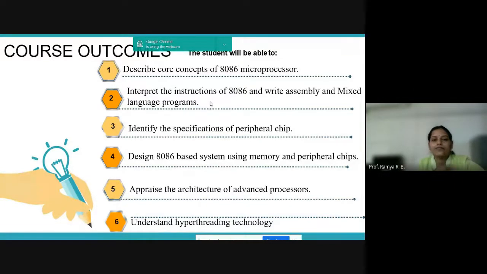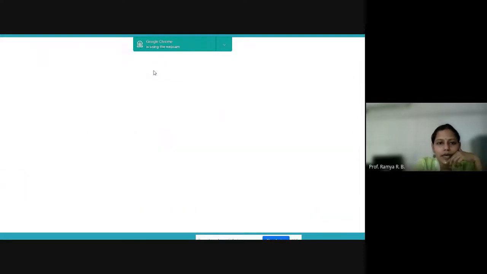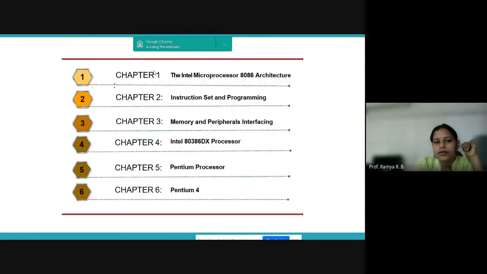Okay. Now, the first one is describe. These are as defined in your syllabus. I'll be changing these course outcomes later on, and then I'll show you the updated course outcomes also. But as of now, let's discuss these course outcomes. First one, describe core concepts of 8086 microprocessor. You have 6 modules or 6 chapters in your syllabus.